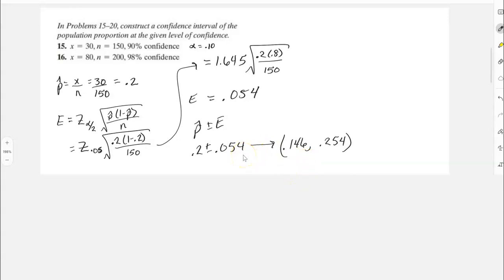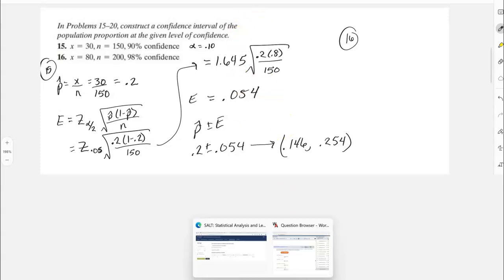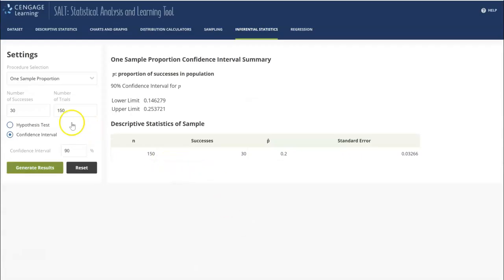Okay, so let's use technology to do number 16. So we're going to type this information in. One sample proportion. Number 16 says X is 80. Number of trials was 200.